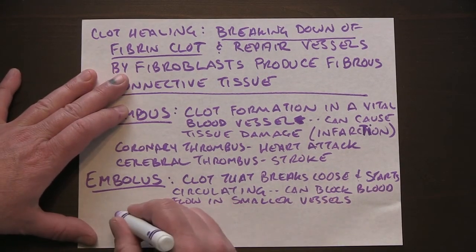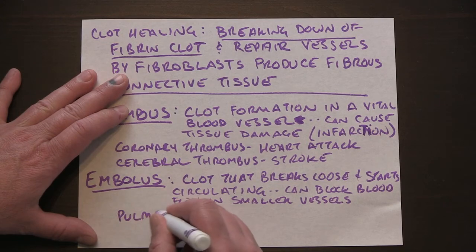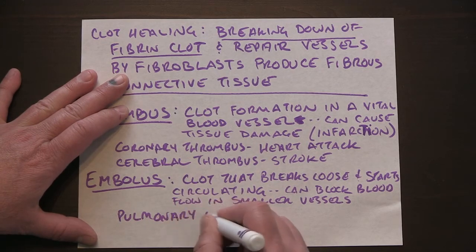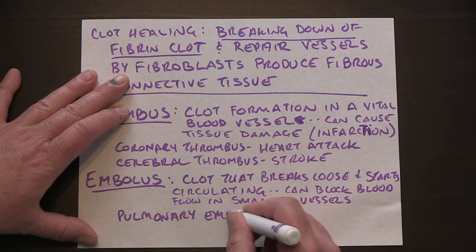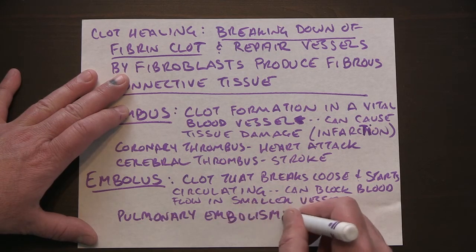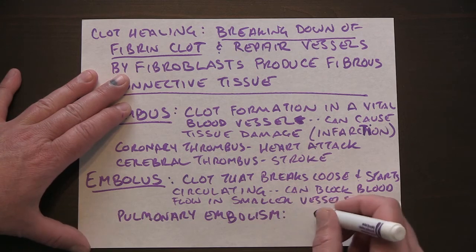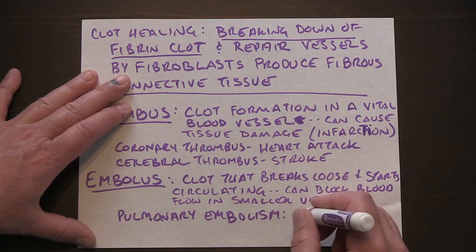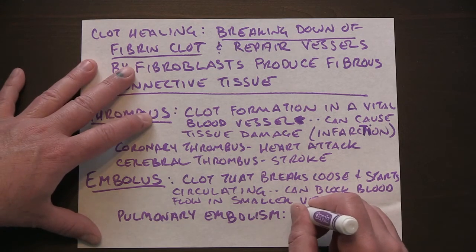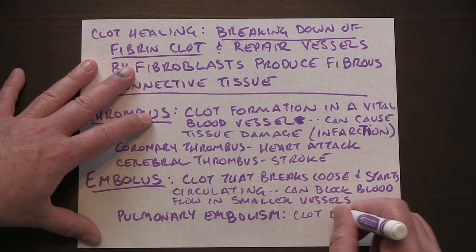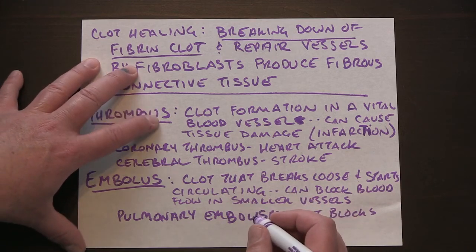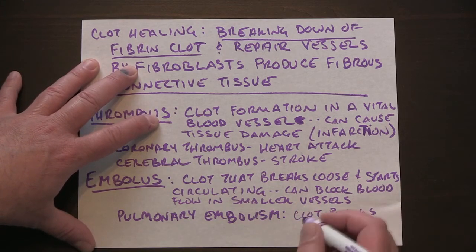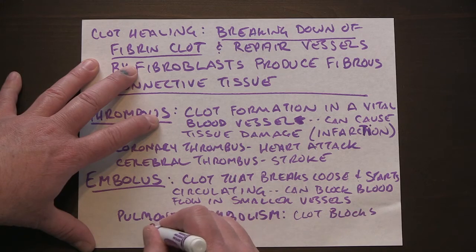So, for example, you can get a pulmonary embolism. Pulmonary meaning the lungs. It's a clot that blocks blood flow to the lungs, or part of the lungs, anyway.